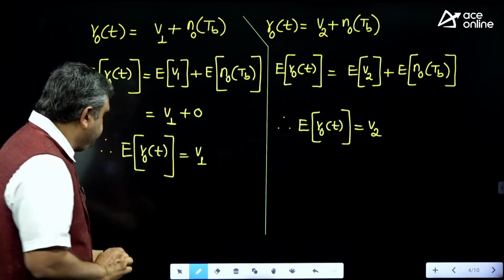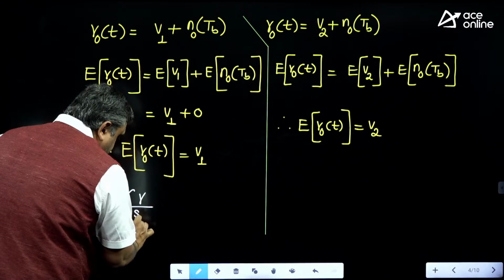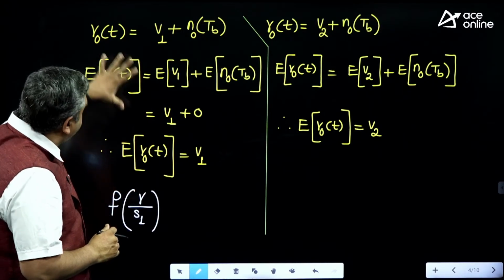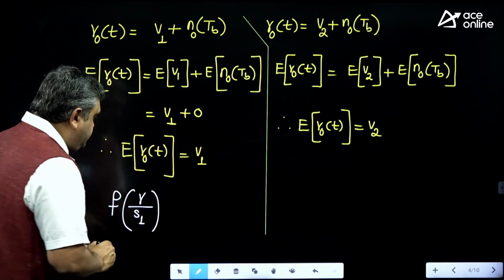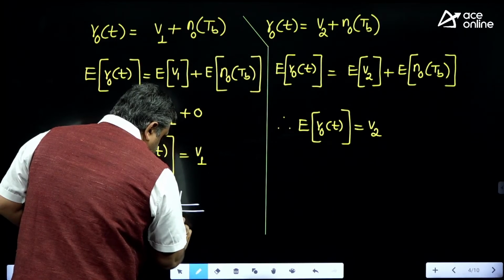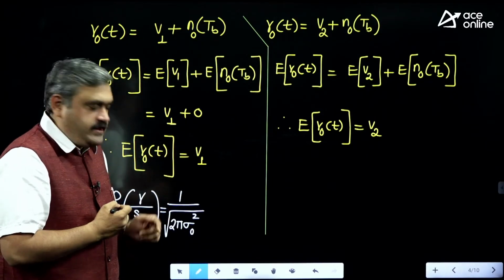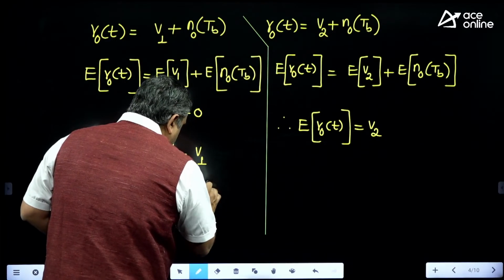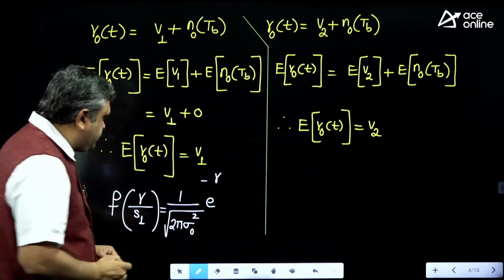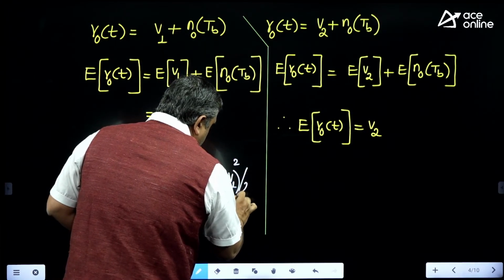That means the conditional density function of the received signal when S1 is transmitted takes the form of a Gaussian function: 1 by root over 2 pi sigma naught square, where instead of sigma I am writing sigma naught because it is the processed variance, into e power minus of R minus V1 whole square divided by 2 sigma naught square.